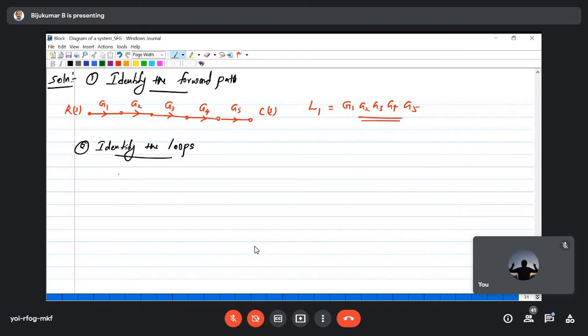With G1 and H1 there is a loop like this, G1 H1. This is the first loop. The second loop is between G4 and H2.